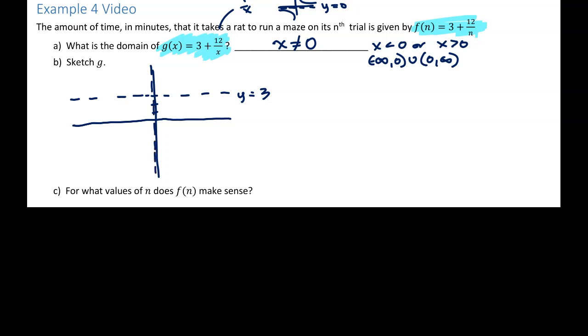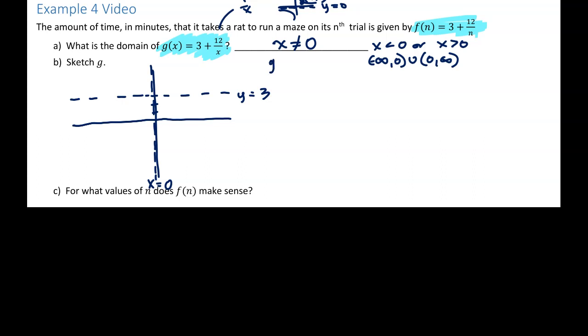We haven't done anything that moves that, but we did do the stretch, which will affect the points quite a bit. So you can snag a point and kind of see what happened to it. For example, the point 1, 1, if we do a vertical stretch, it'll end up at 1, 12, and then we shift up, it'll end up at 1, 15. That doesn't fit on my graph, so let's see. What if we try 4?